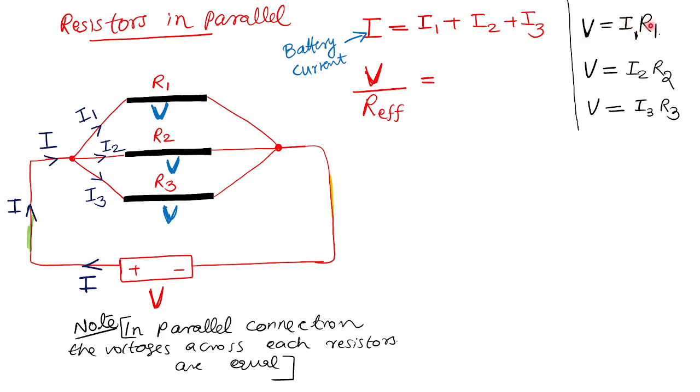R1 can be taken to the left, so I1 is V by R1. I2 is V by R2. And what is I3? I3 is V by R3.